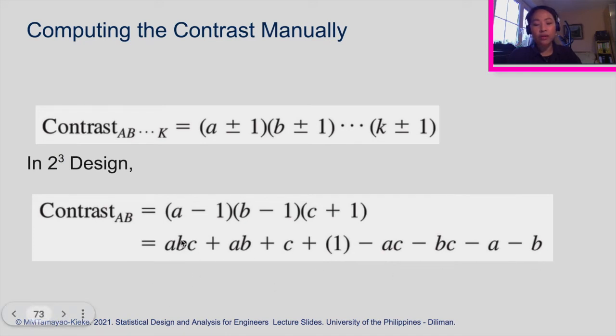Remember that these small letters signify the presence of the factor, and these lowercase letters also denote the sum of the observations at those treatment combinations. For example, a here is the sum of all observations where factor A is at a high level and factors B and C are at a low level.